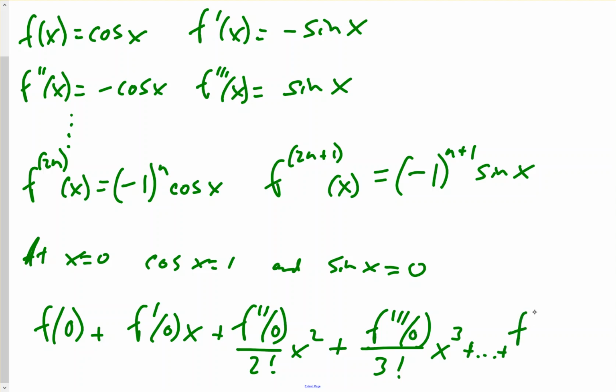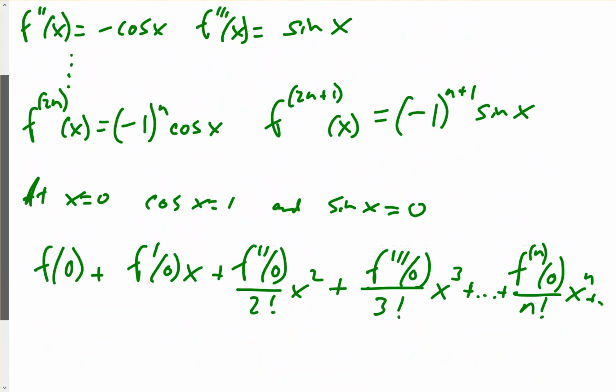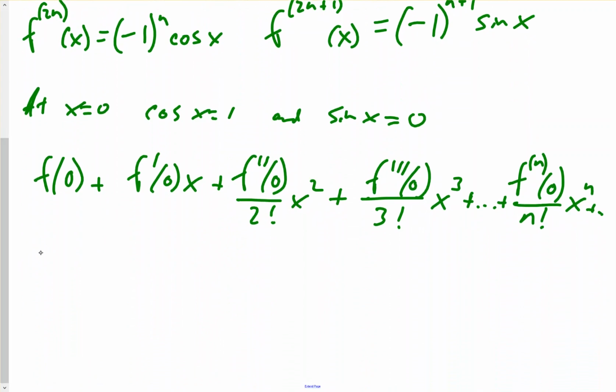So we would have the nth derivative of f at 0 over n factorial times x to the n, and this will continue. Okay, so what will this look like? f of 0, if we plug 0 into cosine, that's 1.